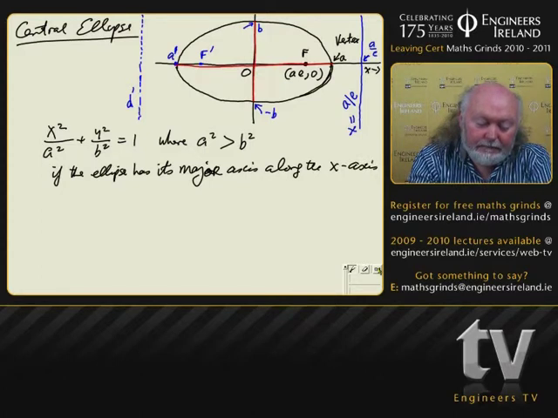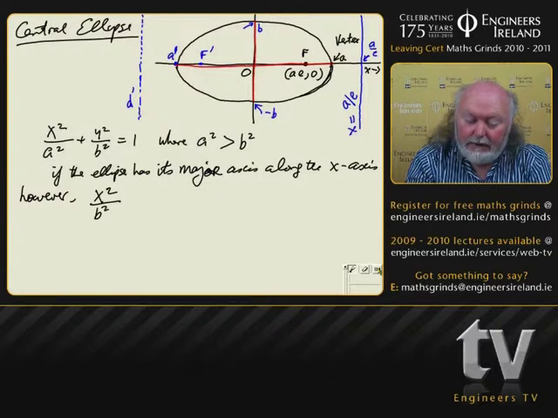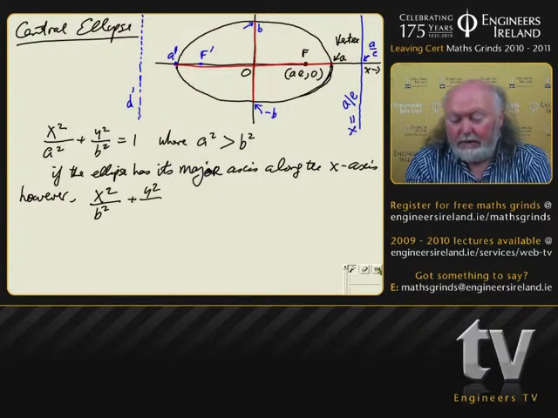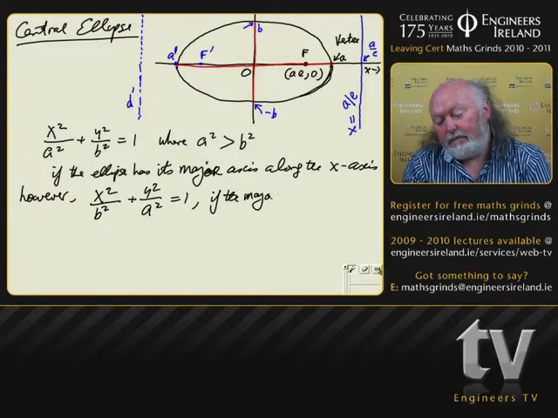However, you get x squared over b squared plus y squared over a squared equal to 1 if the major is on the y-axis.